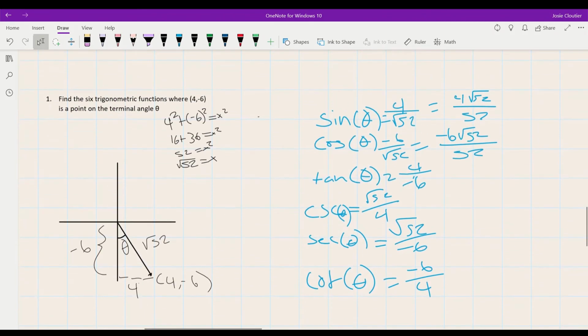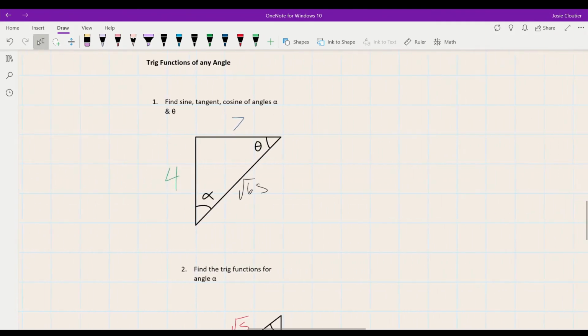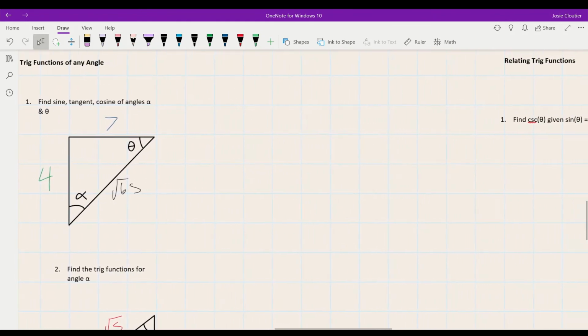Let's move on to trig functions of any angle. Find the sine, tangent, cosine of angles alpha and theta. So, let's start with angle alpha. Sine of angle alpha is going to be 7 over square root 65.